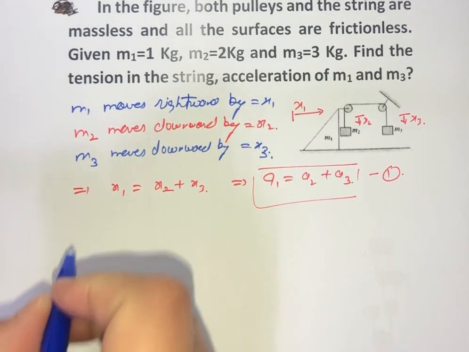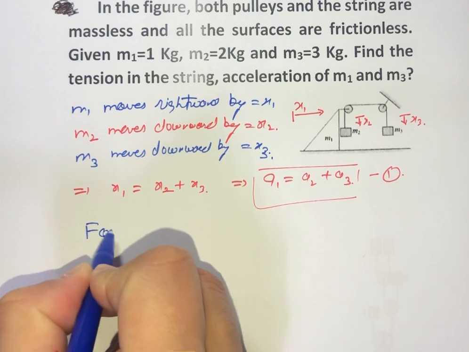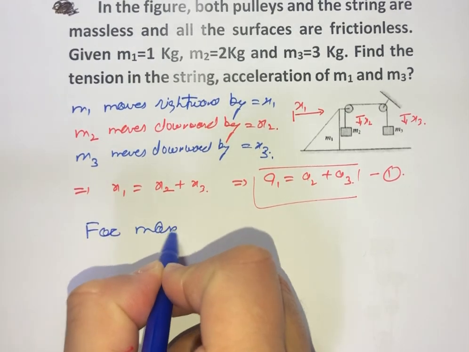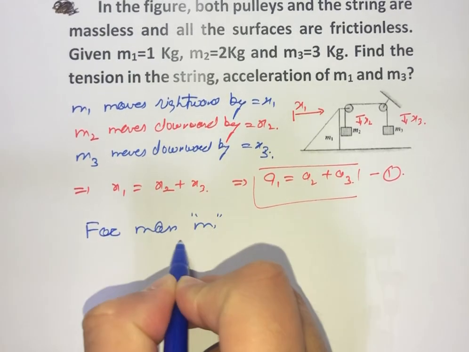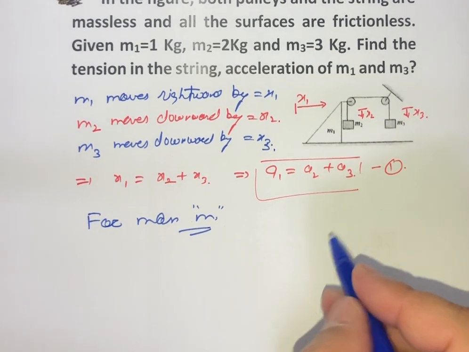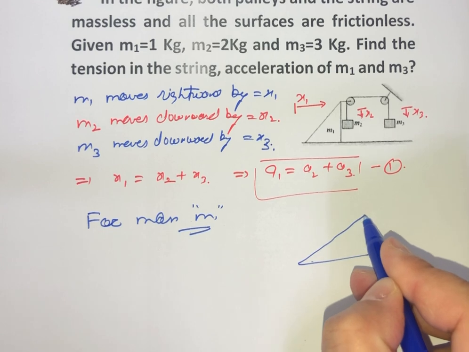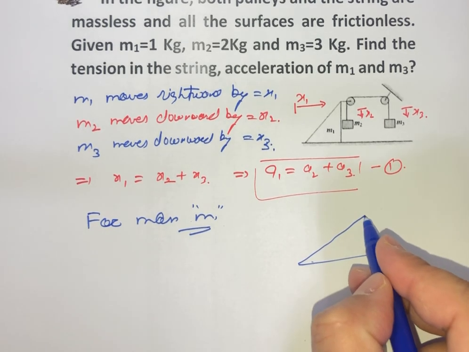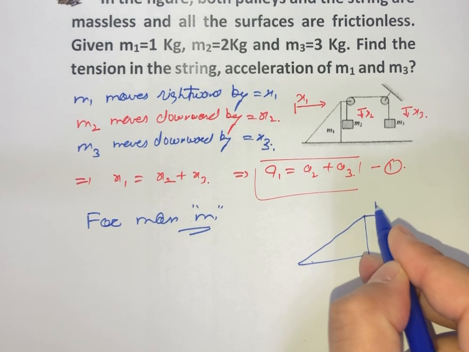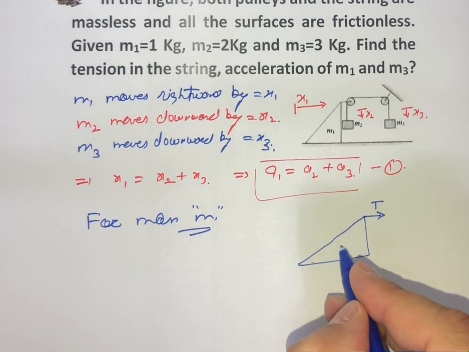So we can write for mass M1, here it is tension T, and this is M1.